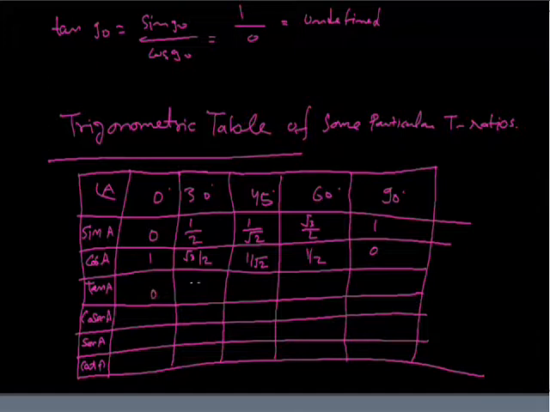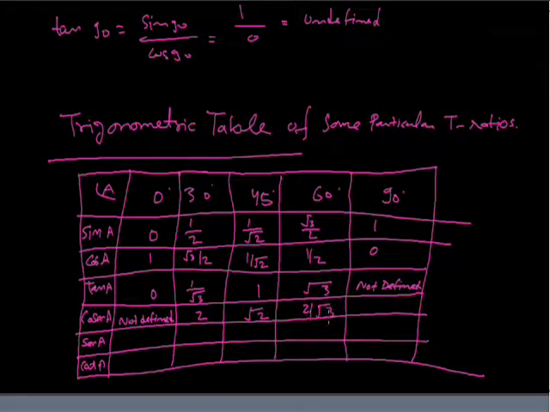Tan 0 is 0, tan 30 is 1 upon root 3, tan 45 is 1, tan 60 is root 3, and tan 90 is not defined. Cosec 0 is not defined, cosec 30 is 2, cosec 45 is root 2, cosec 60 is 2 upon root 3, and cosec 90 is 1.